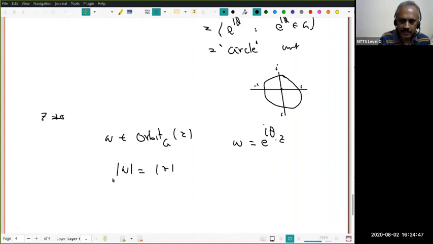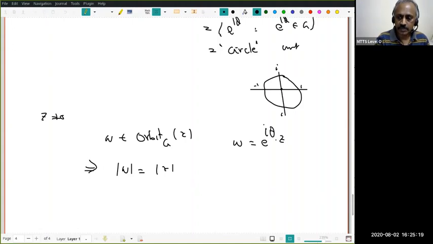Do you understand what I have done? I have proved that if w is in the orbit of z, then the modulus of w must be the same as the modulus of z. Therefore it's a necessary condition. That means if w is in the orbit of z, then w must have the same modulus as z. Both have the same moduli. Is that clear?